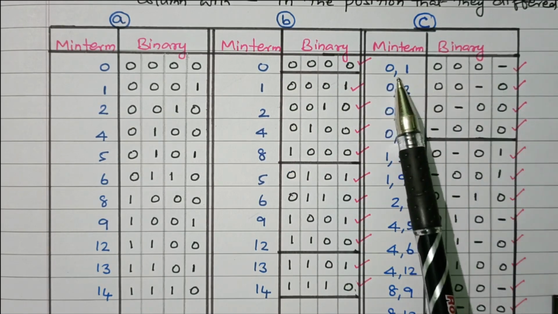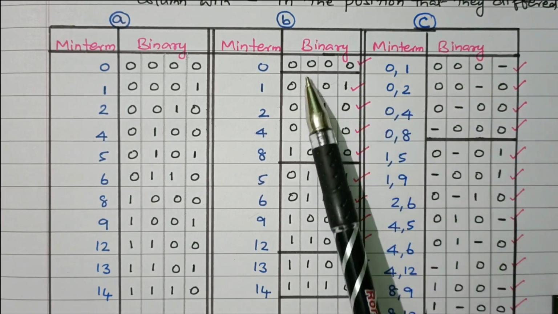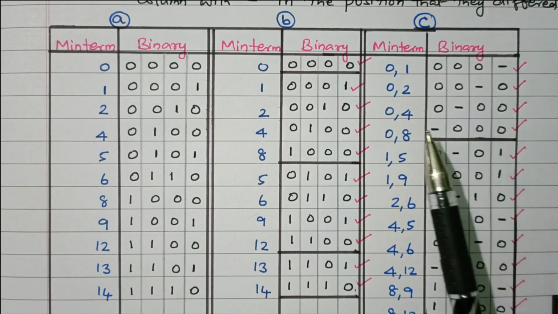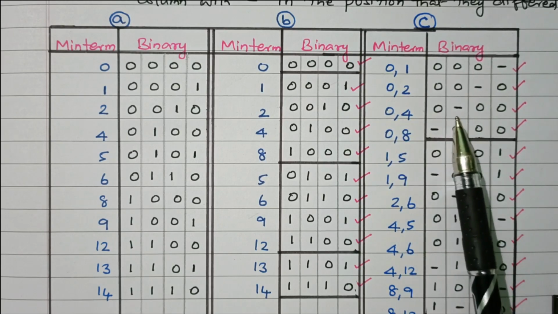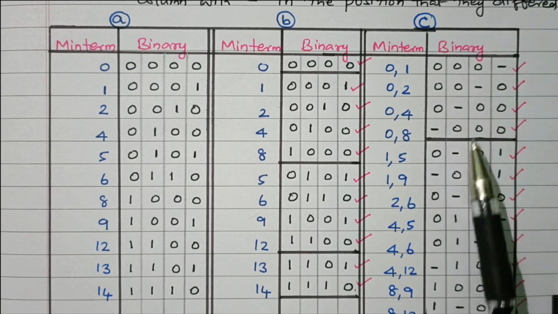While comparing 0 and 1, the dash is in the fourth position. While comparing 0 and 2, 0 0 dash 0, dash in the third position. Similarly 0 and 4, second position. 0 and 8, first position. So these all differ.